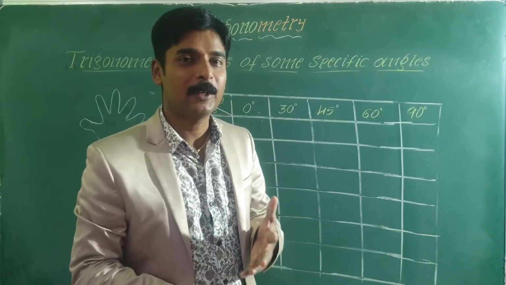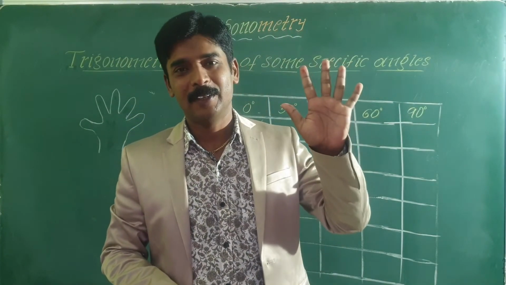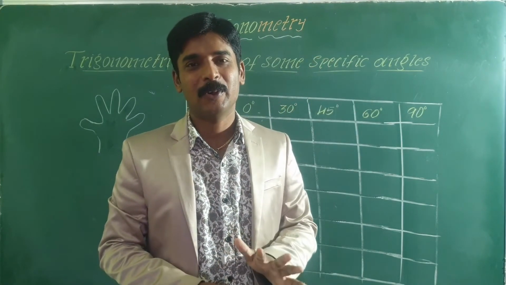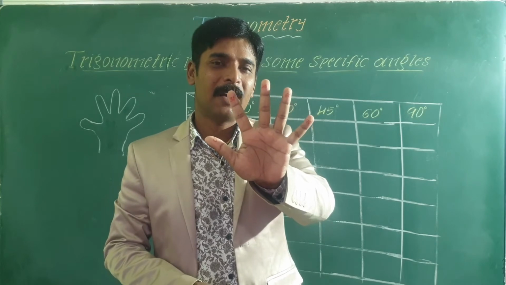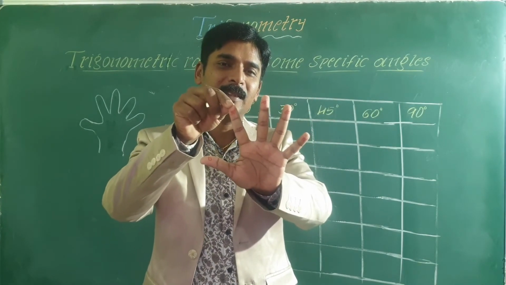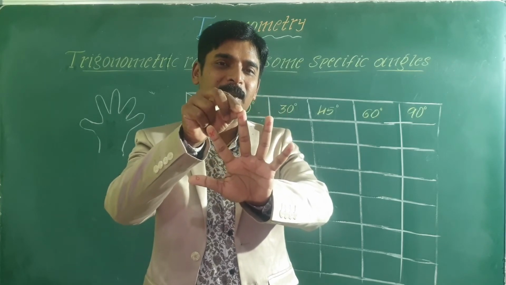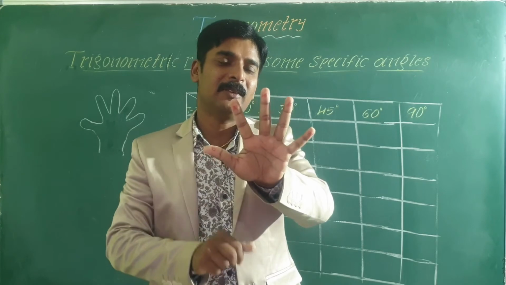A very commonly used trick is the palm trick, your left hand palm trick. Take your left hand palm. This is the thumb finger, and this is the index finger, middle finger, ring finger, and pinky or little finger.